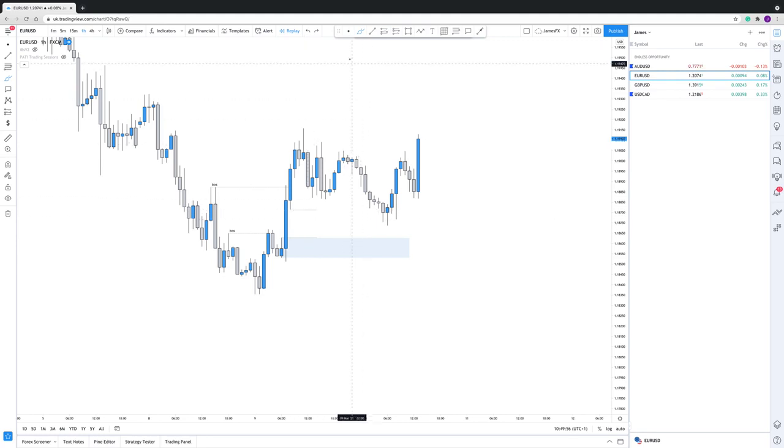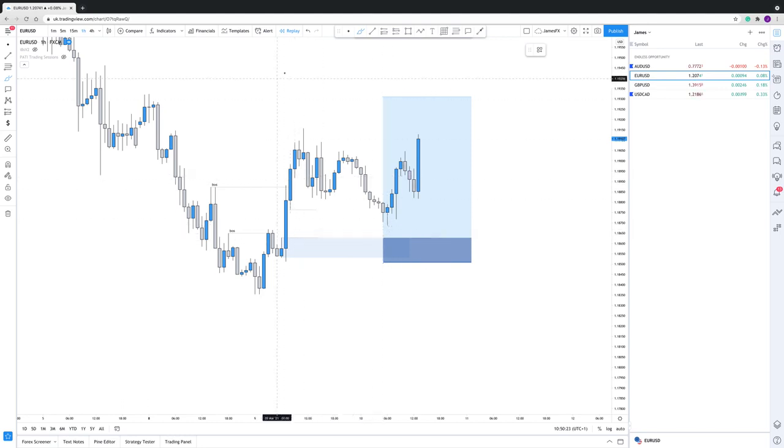So, okay, we didn't get tapped in, but we could have had an order here. The order would have been set at the top of the refined order block, stop loss at the base of the block, or as we've learned, we have a wick here, so we can account for that wick just above. So we've got a 12 pip stop loss, and we can set this entry as soon as we've broken structure here.